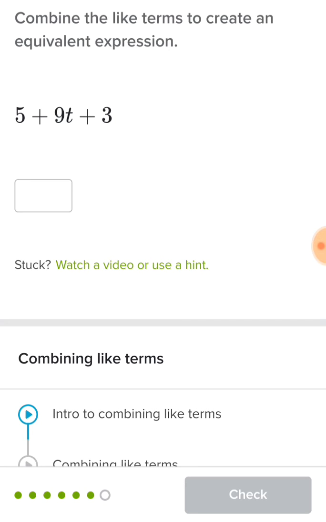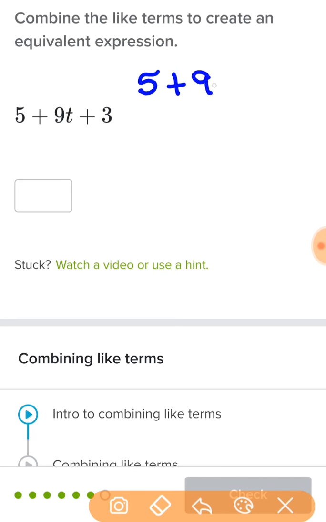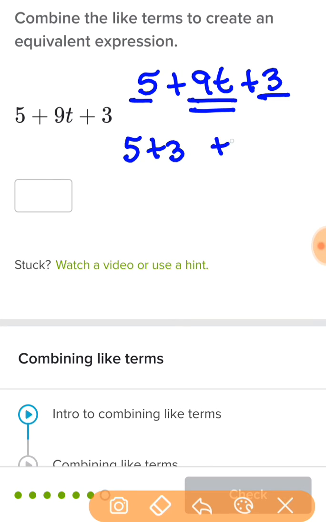Next, 5 plus 9t plus 3. This time, the only like terms are 5 and 3. So 9t is separate or different than the others. So I'm going to rewrite it as 5 plus 3 plus 9t.